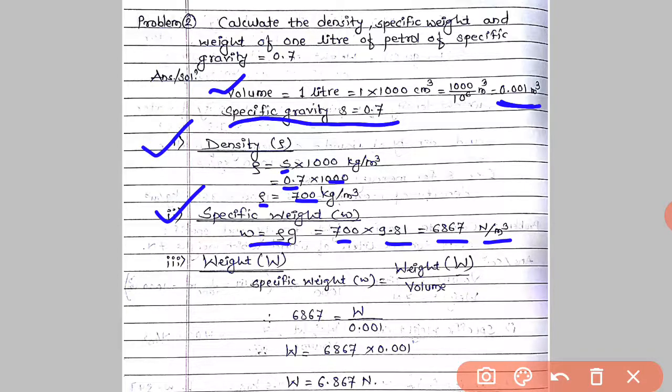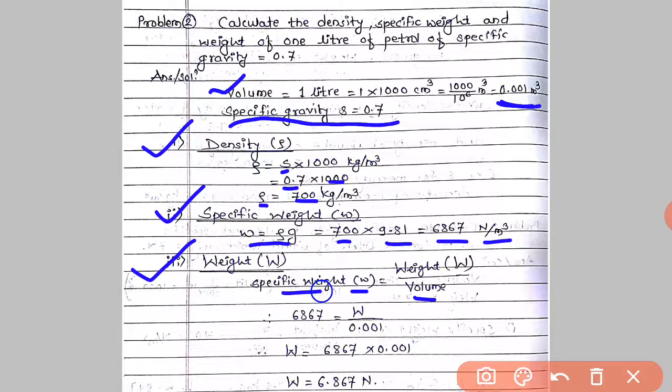Now we have to calculate the weight of the fluid. How to calculate weight? The definition of specific weight is weight of the fluid to the volume of the fluid. So specific weight small w is known to us, volume is known to us. Use the formula of specific weight, small w is equal to weight, that is capital W, upon volume.